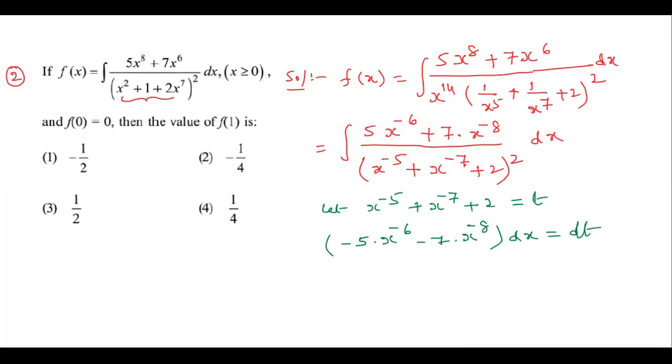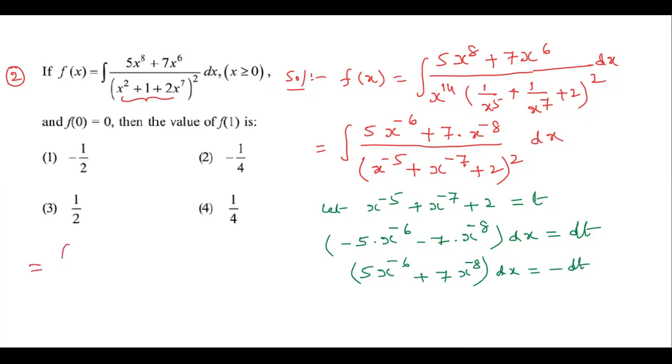Now see the numerator part, 5x power minus 6 plus 7 into x power minus 8 dx. We can substitute that value. Take minus common and send it to the right hand side. You will get 5x power minus 6 plus 7 into x power minus 8 into dx equal to minus dt.